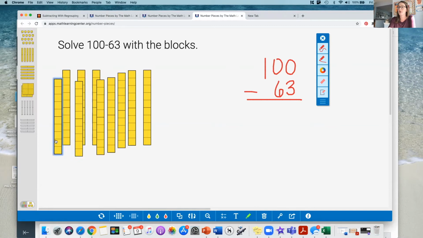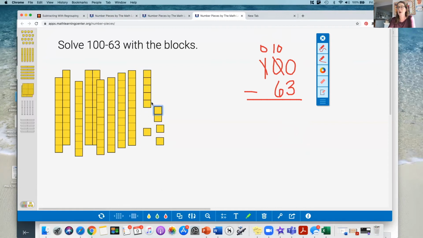Okay, so now I have 0 hundreds. I have 10 tens, but I still don't have any ones. Oh, double whammy. I'm going to break apart one of my tens into ones. So in this problem, I'm actually regrouping twice. I have to move my things around.